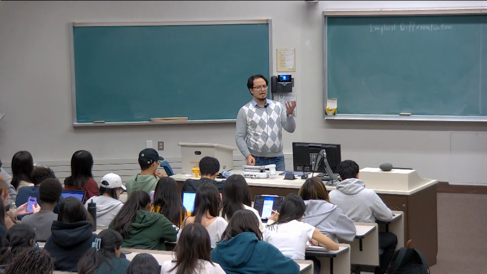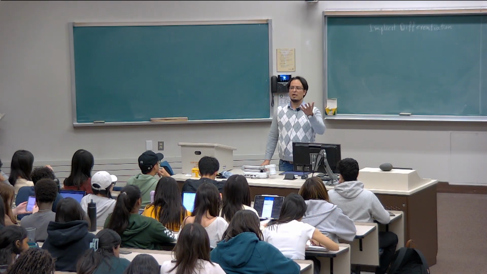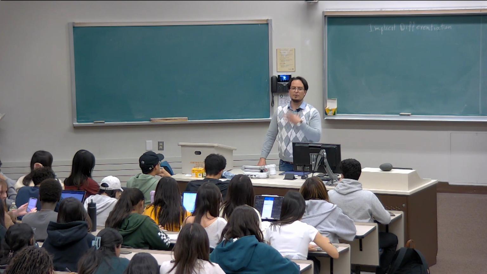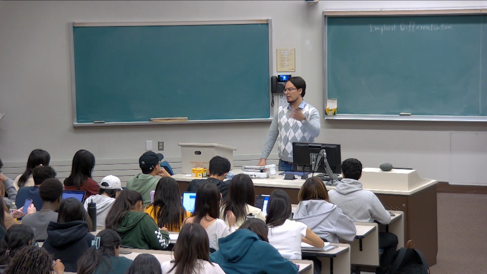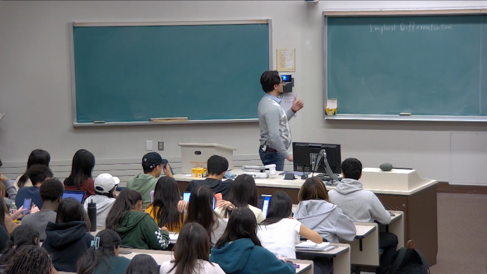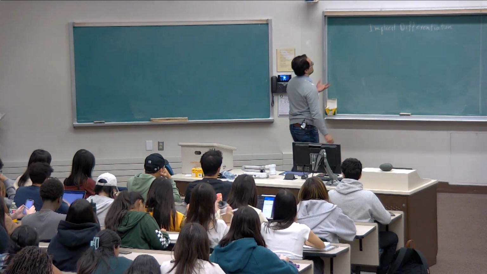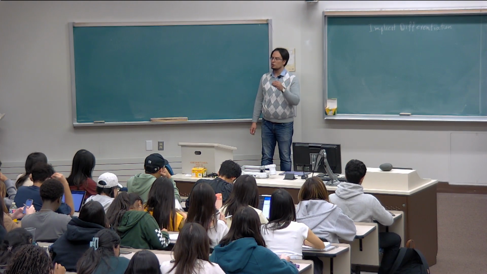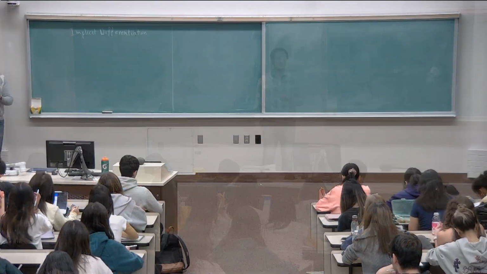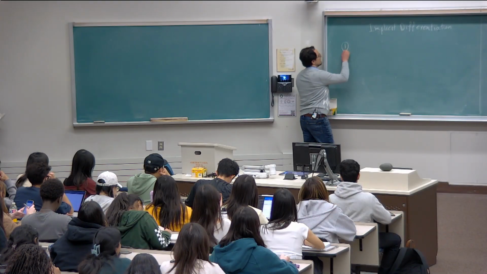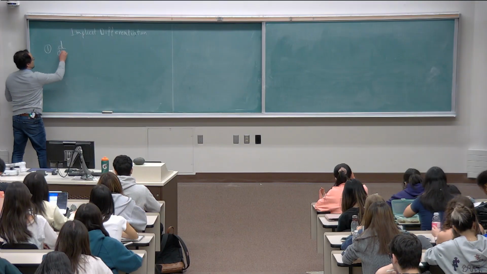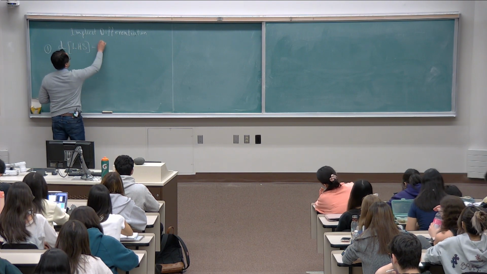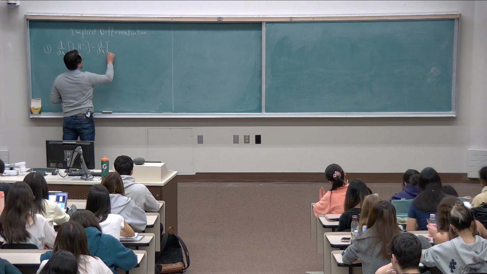It is a way to use our differentiation rules for a bigger class of functions. In this specific case, we are talking about functions that are implicitly defined through an equation. So we did 3 steps. The first thing is that you find the derivative of the left-hand side. It must be equal to the derivative of the right-hand side.